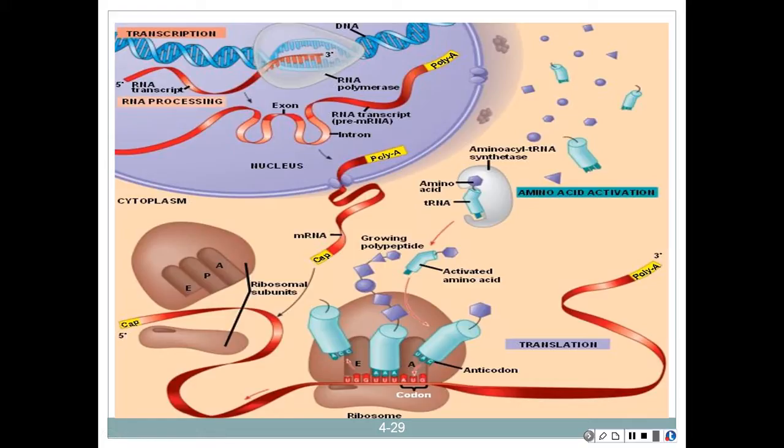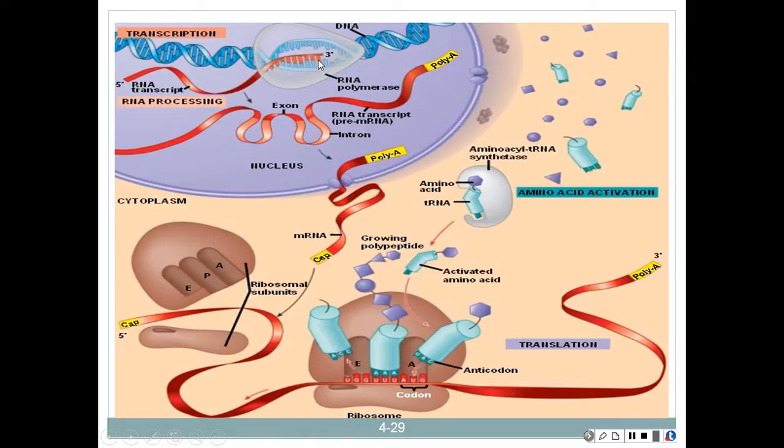Now this enzyme opens up the DNA helix, like I just explained, and it starts to read the bases in one strand. And then it matches them with the complementary bases. So if we have a TAC, for example, for our DNA strand, what will be the RNA strand?